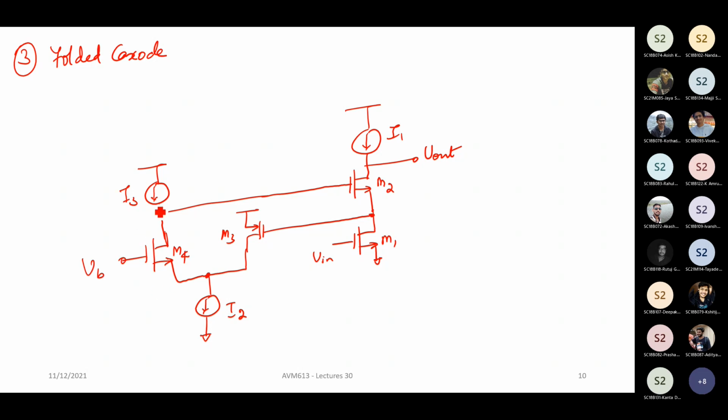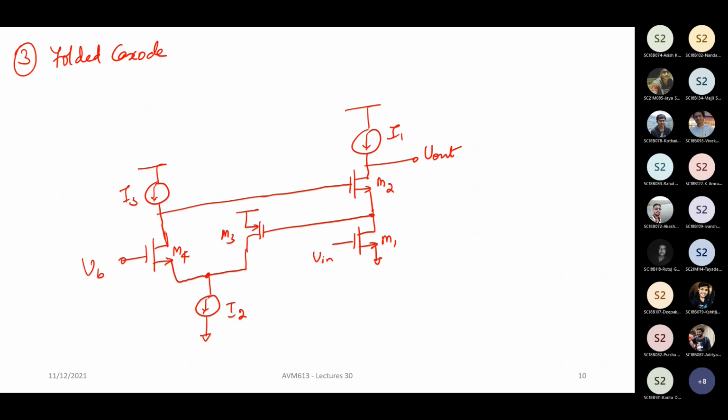And this second transistor, the M4 transistor, level shifts the whole thing so that the DC levels are now different, right? So you get the output from this particular node. This works quite well. All right. So a folded cascode amplifier can work well to serve as your auxiliary amplifier.